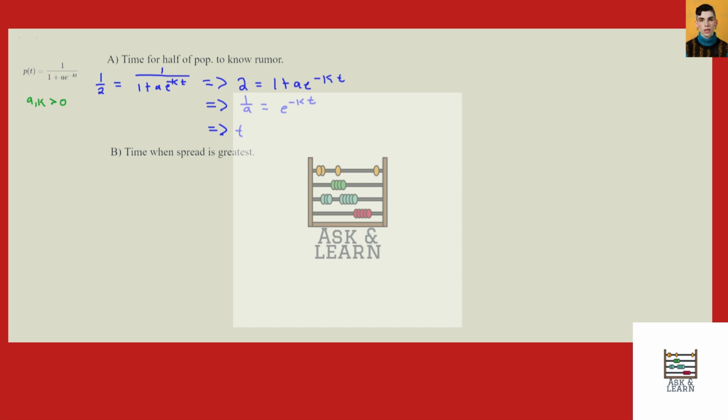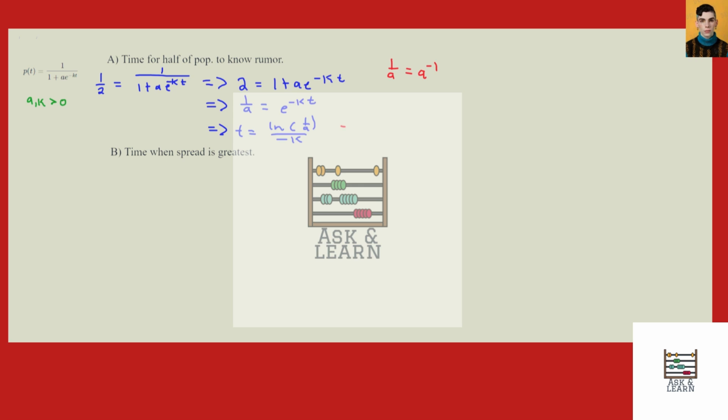So we'll end up with t is equal to the natural log of 1 over a over negative k. Now, something we might recall about natural logs is if we have an exponent, we can go ahead and move that out front. And we just so happen to have that, well, 1 over a is really a to the negative first power, so we can move that exponent out front.